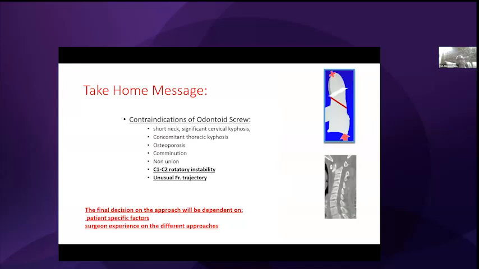It is contraindicated in osteoporotic patients, when you have a comminuted odontoid fracture, in non-union, as well as in C1, C2 rotatory instability like our case, or an unusual fracture trajectory like our case as well. The final decision on the approach will depend on the patient-specific factors and the surgeon's experience with different approaches.